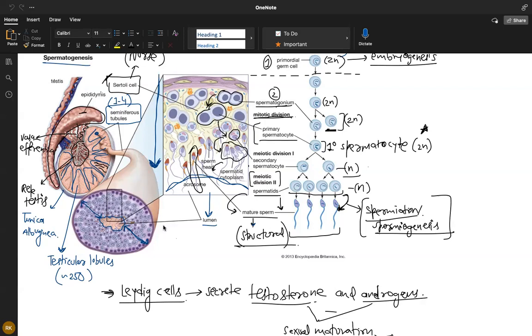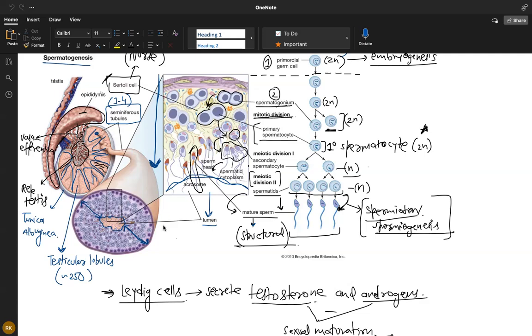This undergoes a process known as spermiogenesis and gets converted into a proper sperm, and the removal of the sperm from the cytoplasm of the Sertoli cells into the lumen of the seminiferous tubule is known as spermiation. And yes, sir, this is what is left.